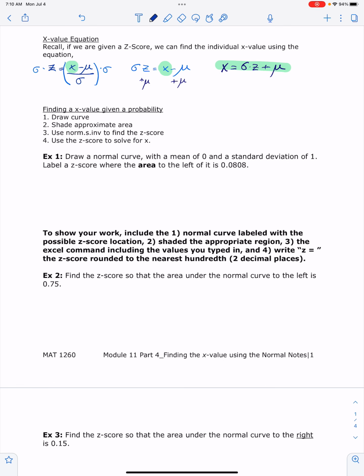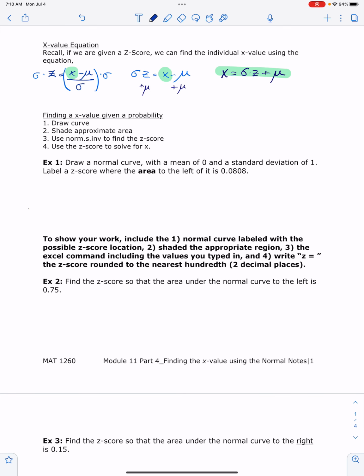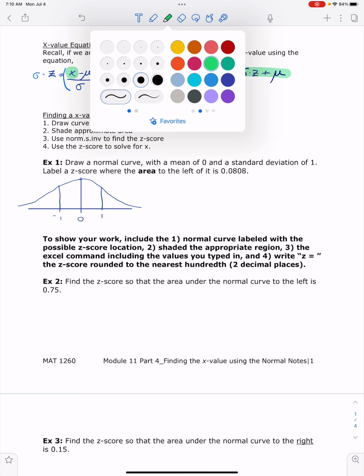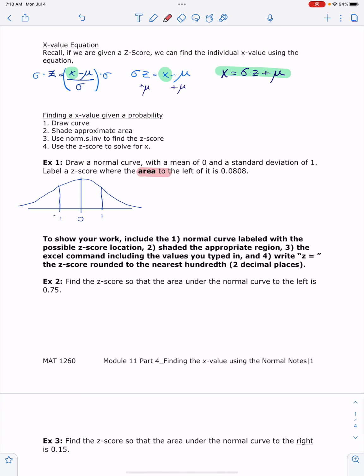So we want a normal curve here. I have a median of 0, a standard deviation of 1. We want the z-score where the area to the left is 0.0808.